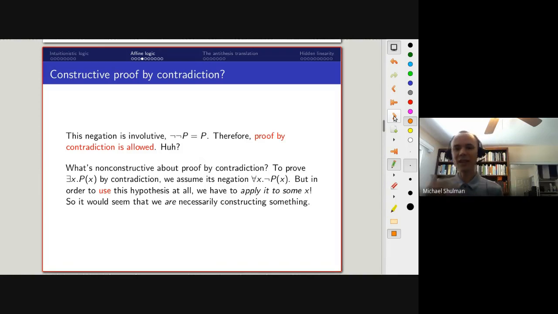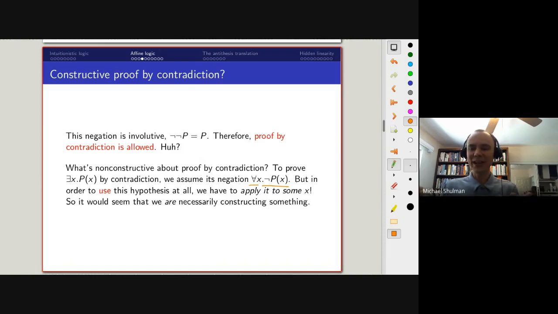So that leads us to think back about what's actually non-constructive about proof by contradiction. And it's not what we think. Suppose we're trying to prove an existence statement by contradiction. We assume its negation, which, according to our definition of negation now, is that every x does not satisfy P. Now, how do we use the assumption that every x does not satisfy P?